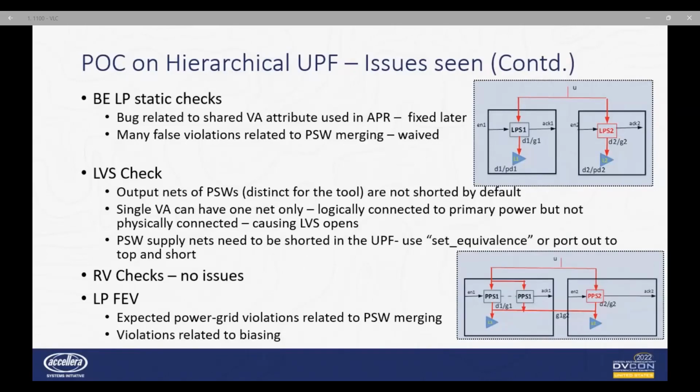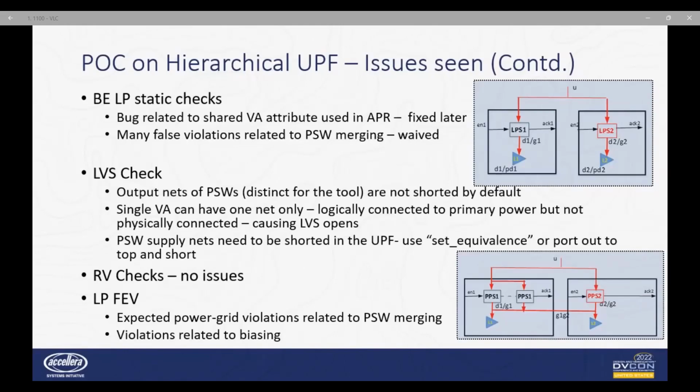In LVS, output nets of equivalent power switches, in the example on the right, G1 and G2 nets are two distinct power nets and are not shorted by default. But in a single VA, we can either create a G1 power grid or a G2 power grid. If the floor plan tool uses G1 as the primary power of the voltage area, the PD2 domain cells will be logically connected to PD1 domain nets, but physically connected to G1 supply.